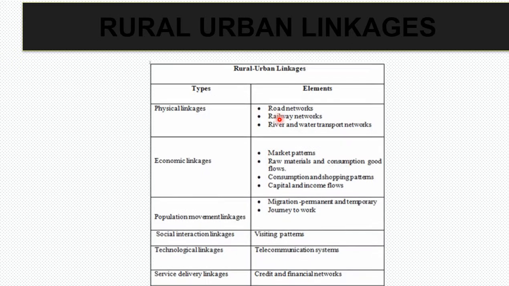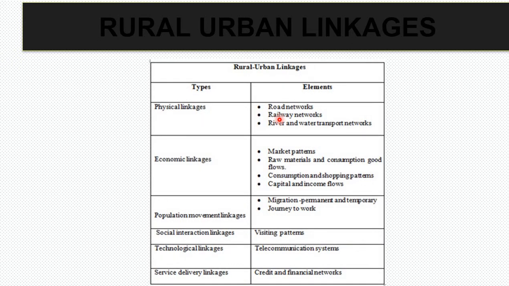The next important topic is about the rural and urban linkages. Rural and urban linkages are defined as the cultural, economical, environmental, social, political connections between communities along the rural urban divide.